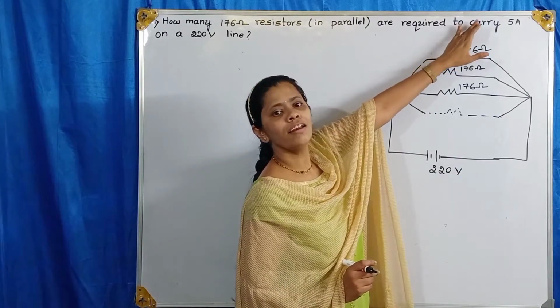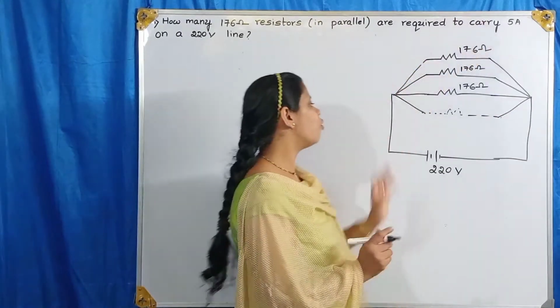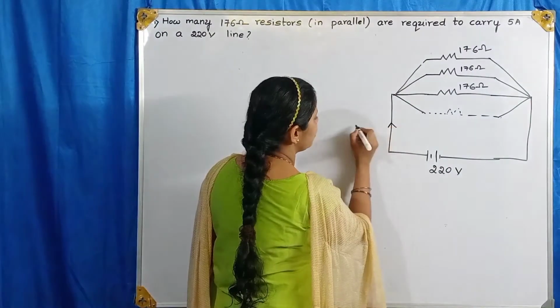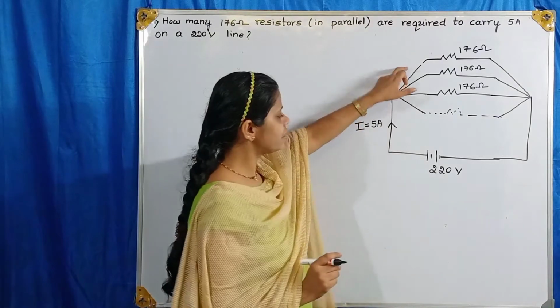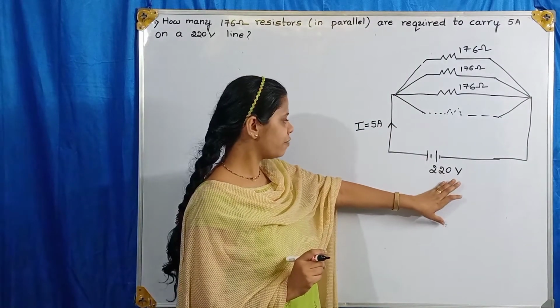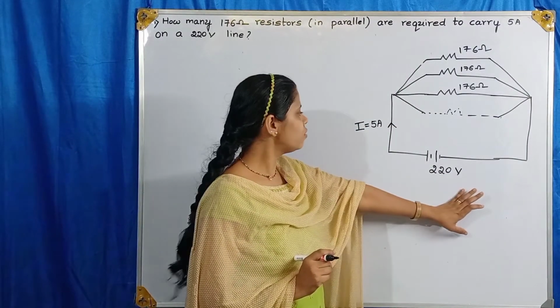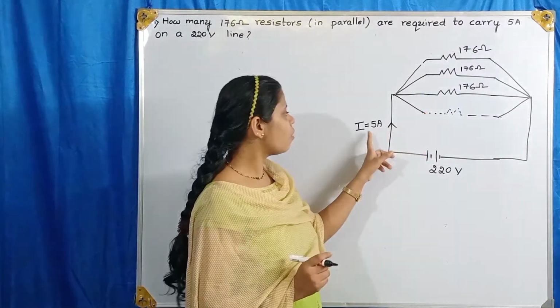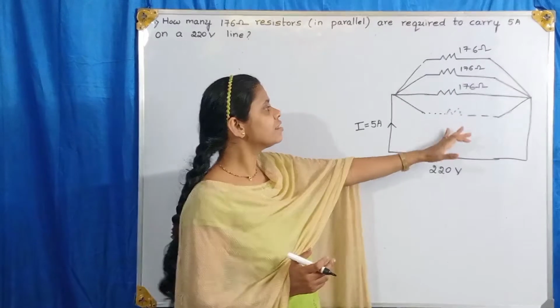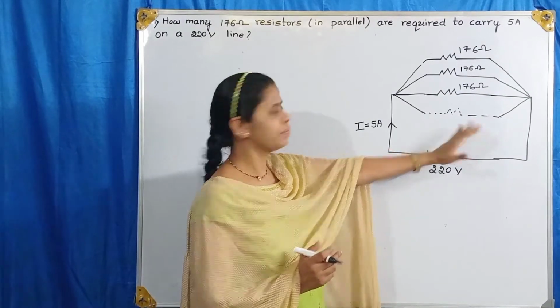Then the current that flows in the circuit is how much? 5 ampere. When the resistors are connected to the potential difference 220 volt, the current starts to flow in the circuit and it is of 5 ampere. This is the meaning of the question.